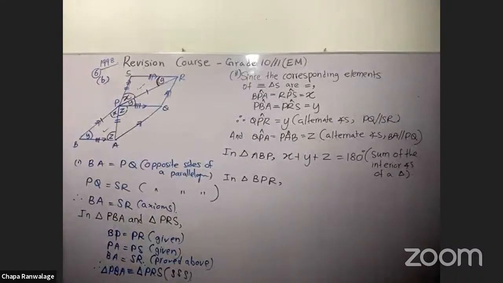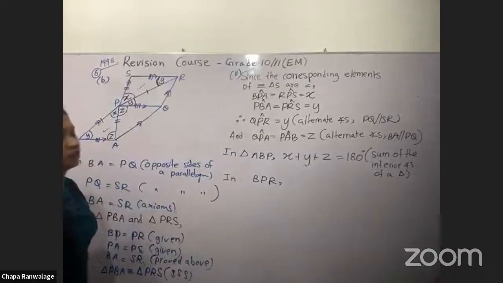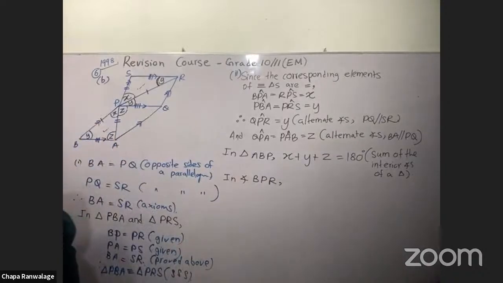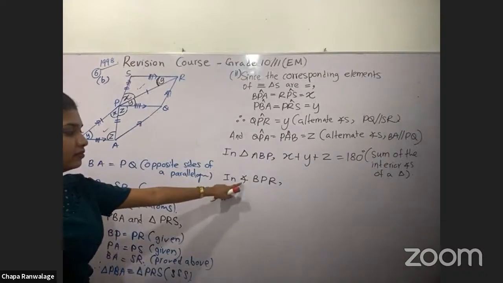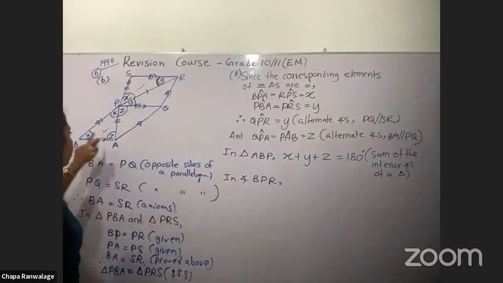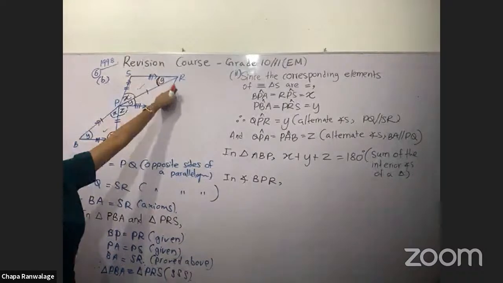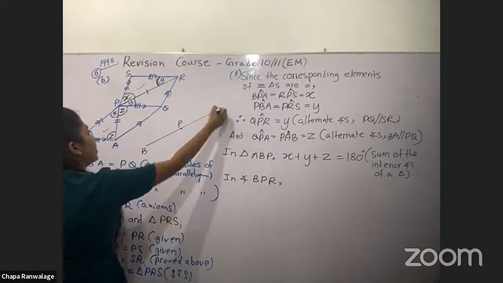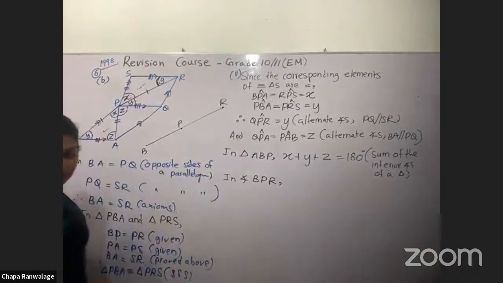In angle BPR, I'm going to prove that B, P, R is a straight line.